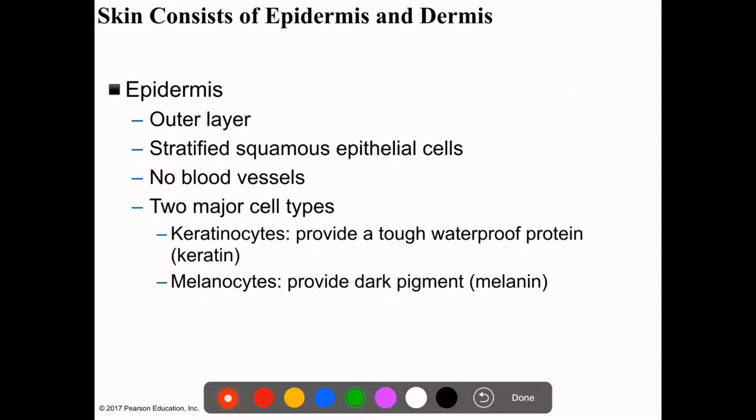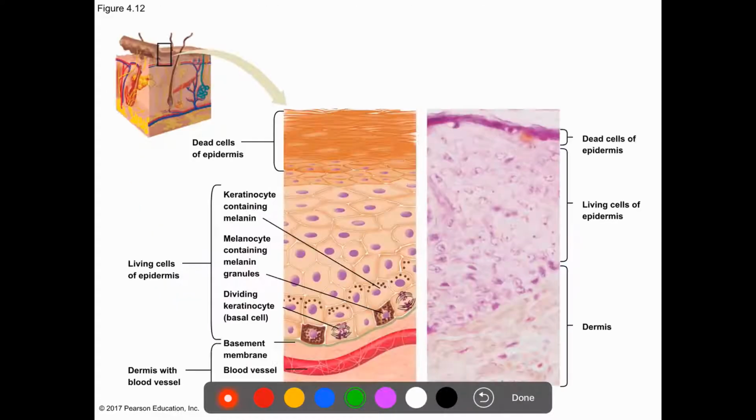Next, let's talk about two types of cells in the epidermis. We have the keratinocytes. These produce something called keratin, which is a waterproof protein. And the other type, we have melanocytes, which provide a dark pigment called melanin.